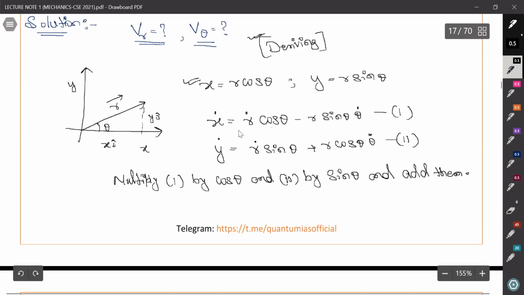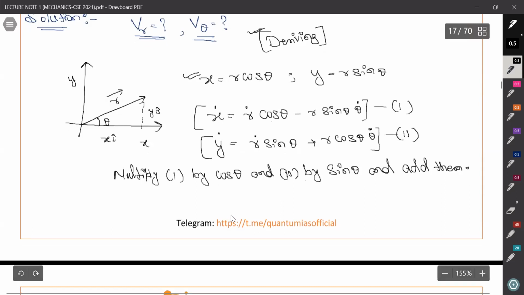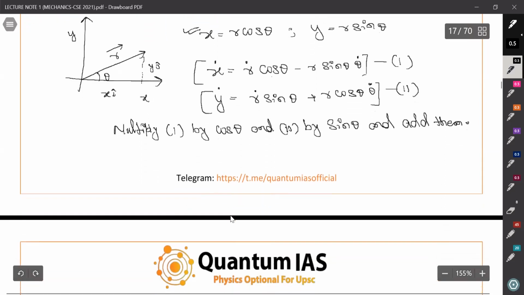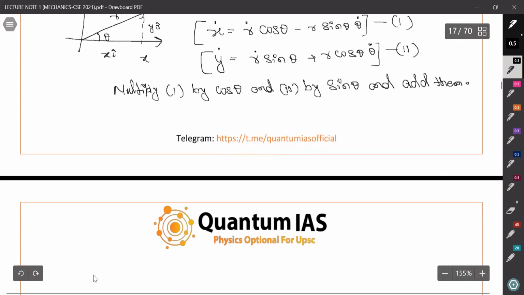Here we will be left with x dot cos theta plus y dot sin theta.